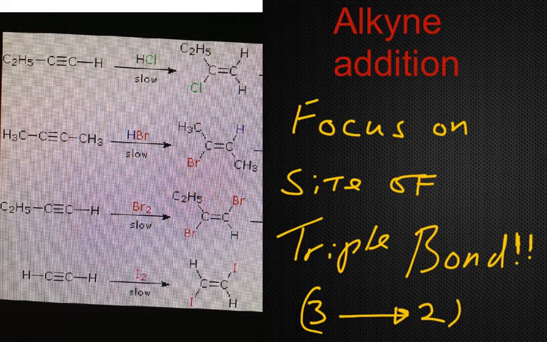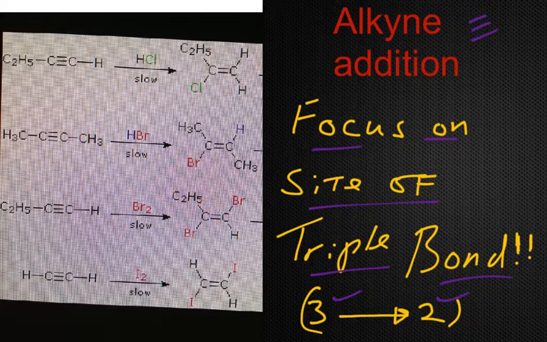And lastly, we have alkyne addition. Alkynes, once again, refer to triple bonds, unsaturated with triple bonds between the carbons. It's the same principle. We're going to focus on the site of the triple bond, and we expect that if we do addition, we will lose a bond, so we'll go from a triple to a double bond. So you have to remember that.